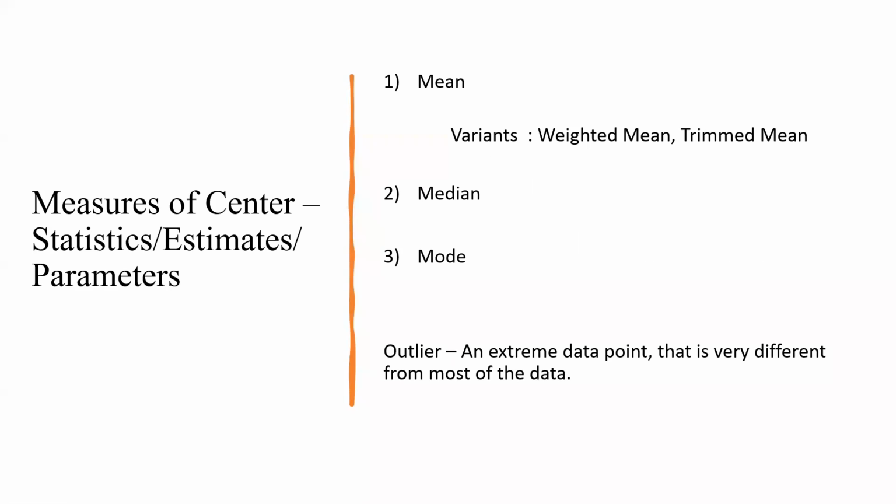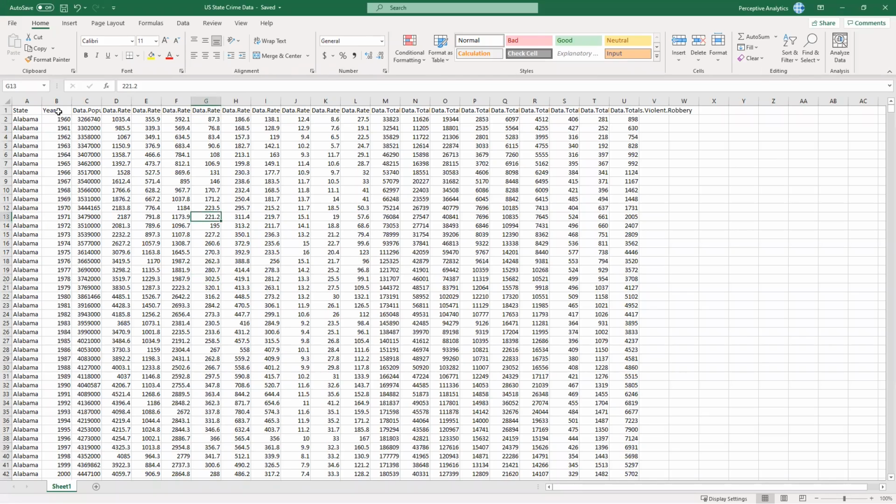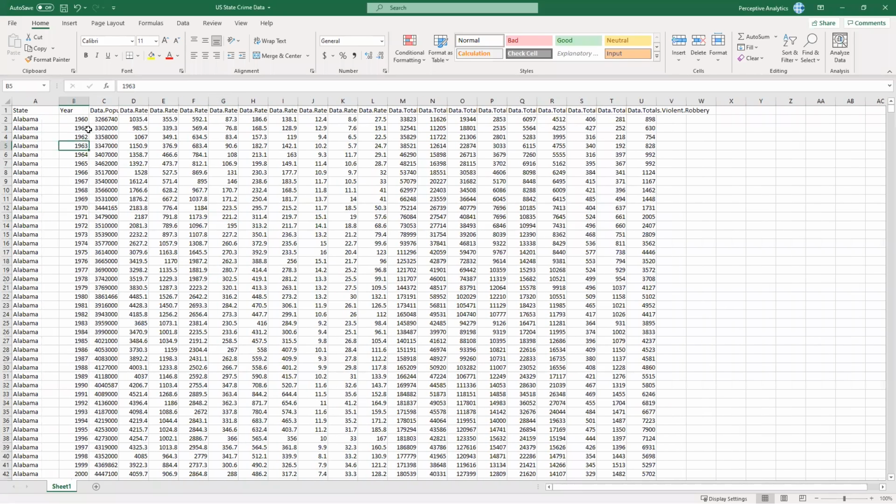So let me pull up an Excel sheet. Okay, so here in the Excel sheet, I have some sample data of crime rates related to the US in each of the states for every year.